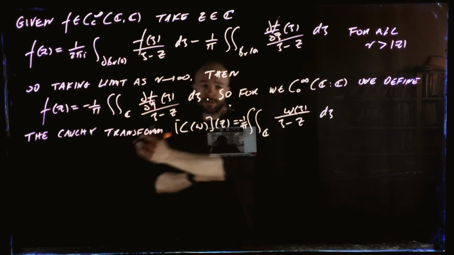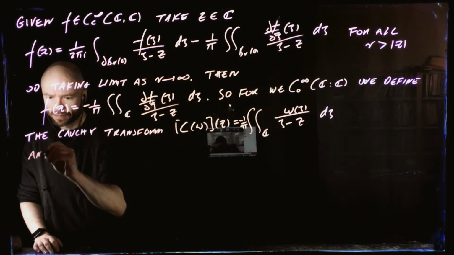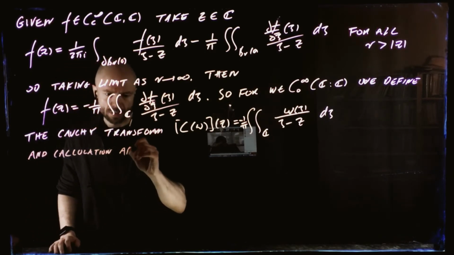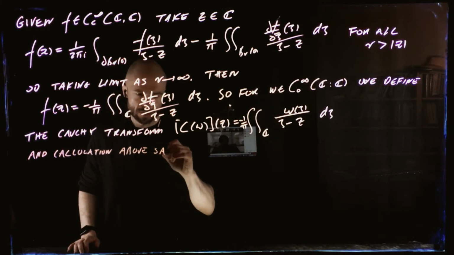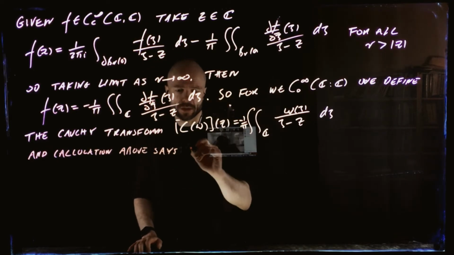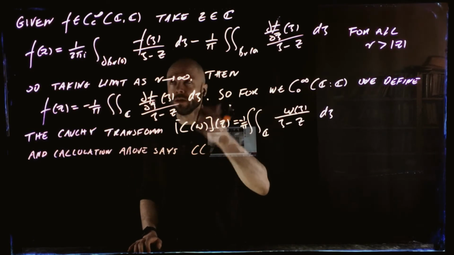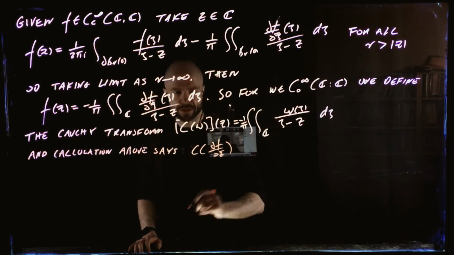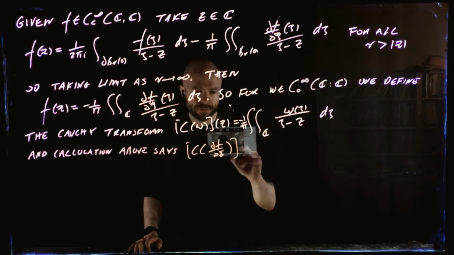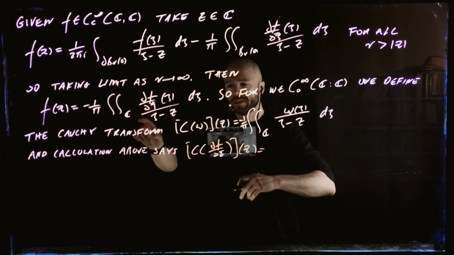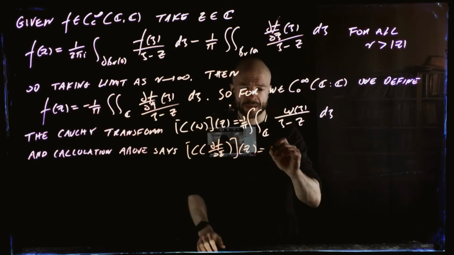And what our calculation above says is that if we take f, which is C infinity with compact support, and we take the Cauchy transform of the anti-symmetric part of the derivative, put it in this formula, we get exactly the function back itself.